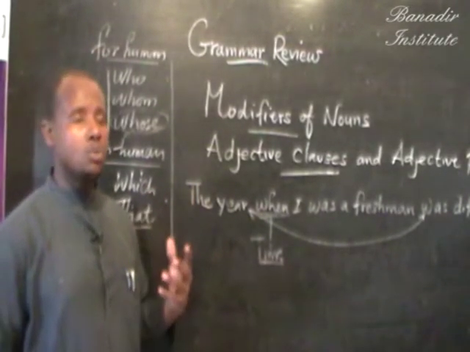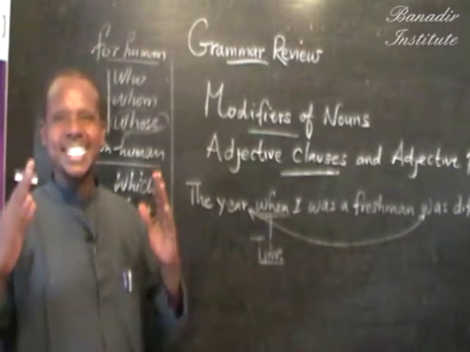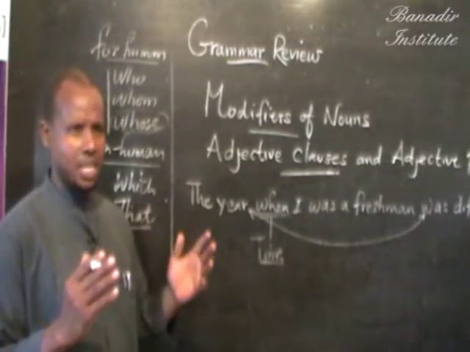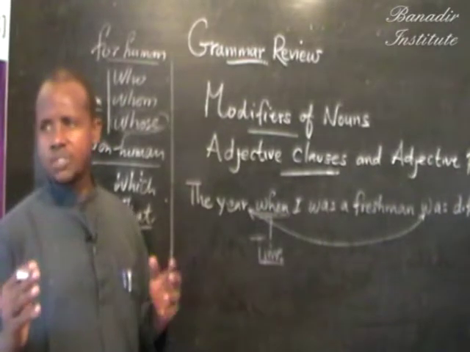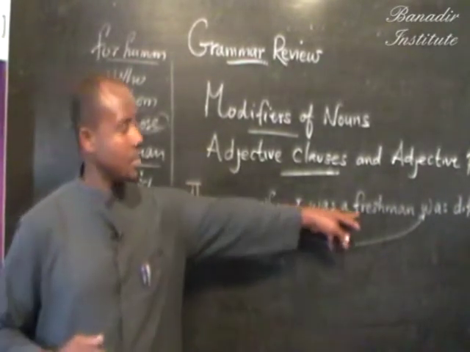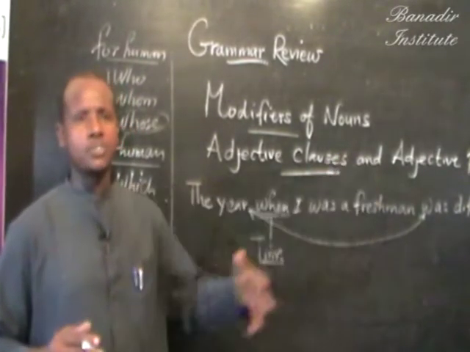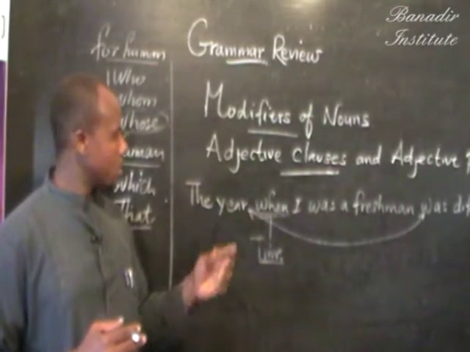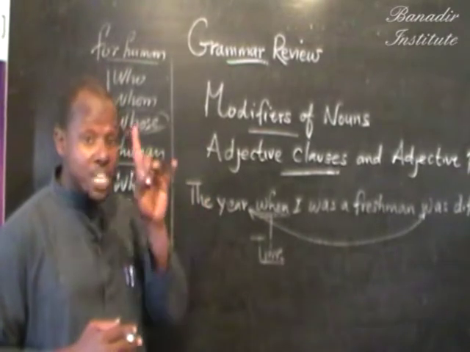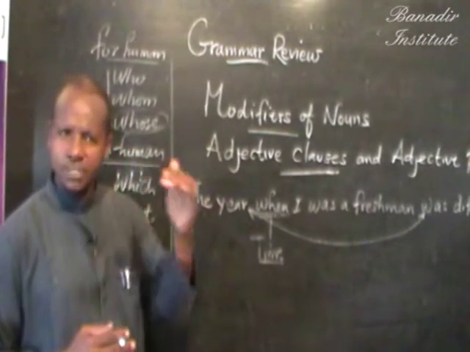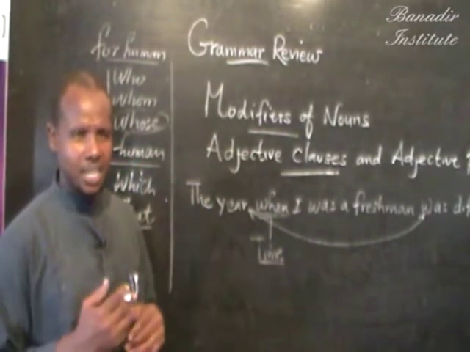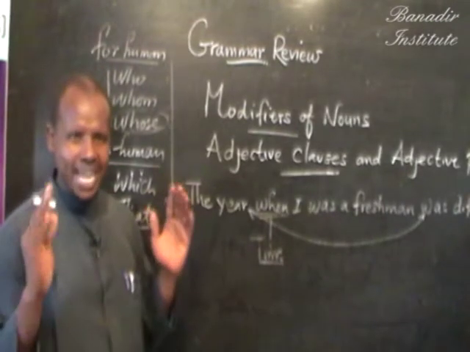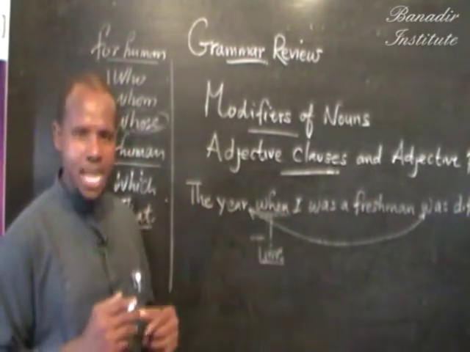But now, what I mean is a particular time. The first semester in the university was very hard for me. The first year of university, the student is called a freshman. The year when I was a freshman means the first year of the university, the first semester. It is a time. I mean a time now. That's why I've used when.